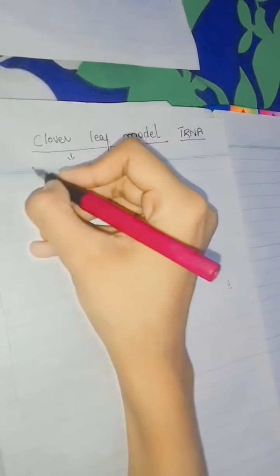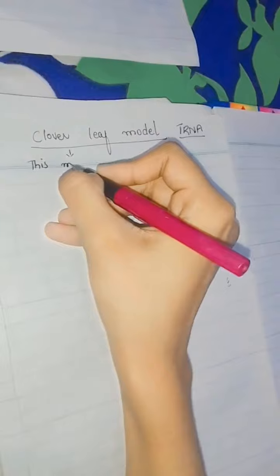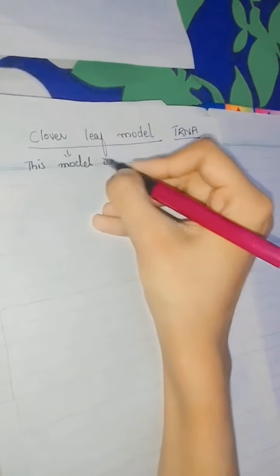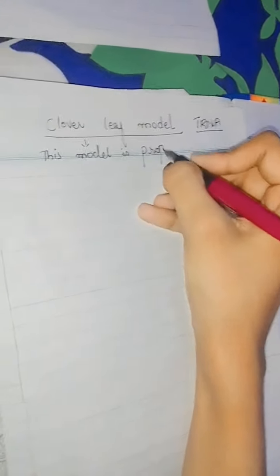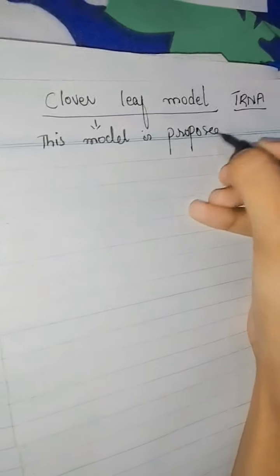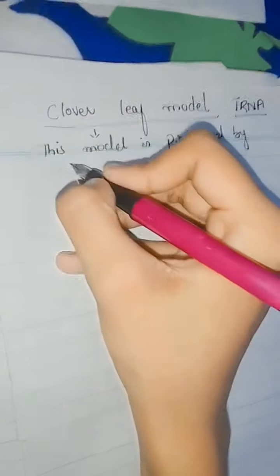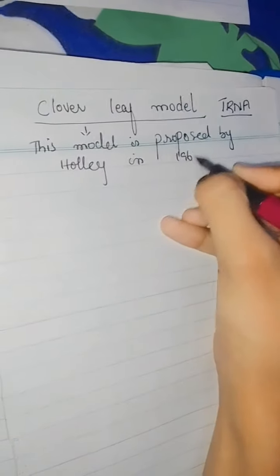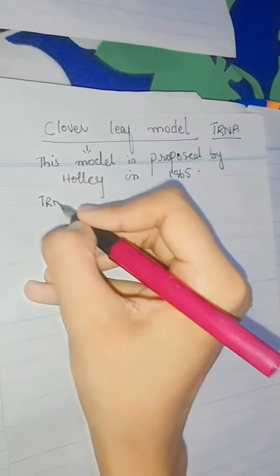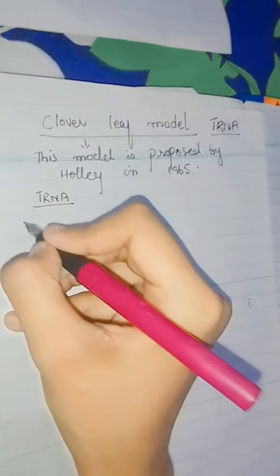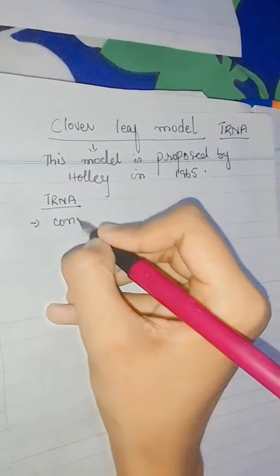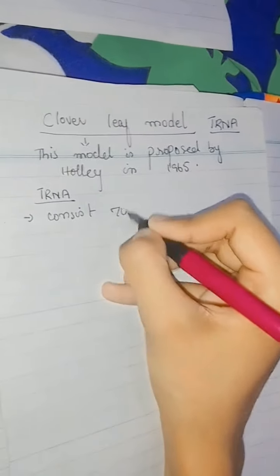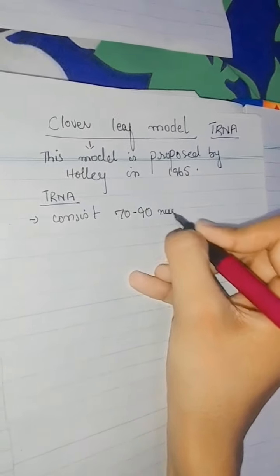This model was proposed by Holly in 1965. If we talk about tRNA, tRNA consists of 70 to 90 nucleotides.